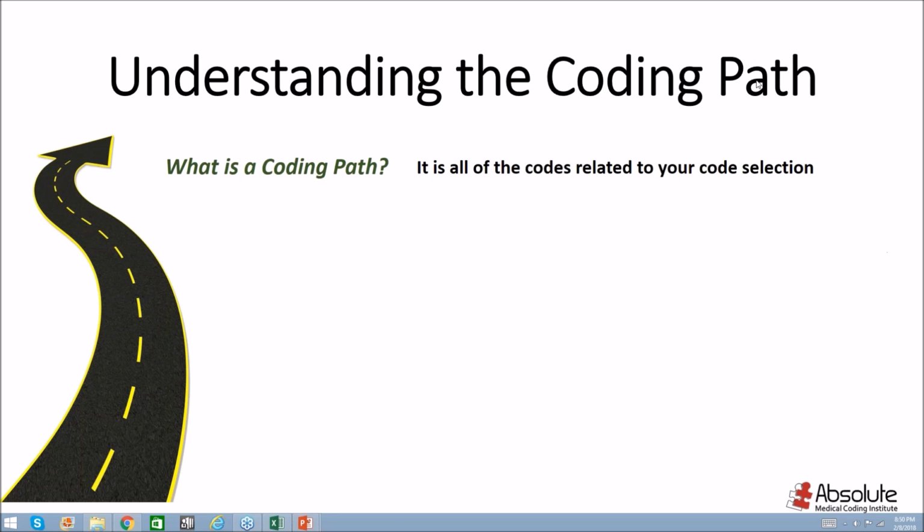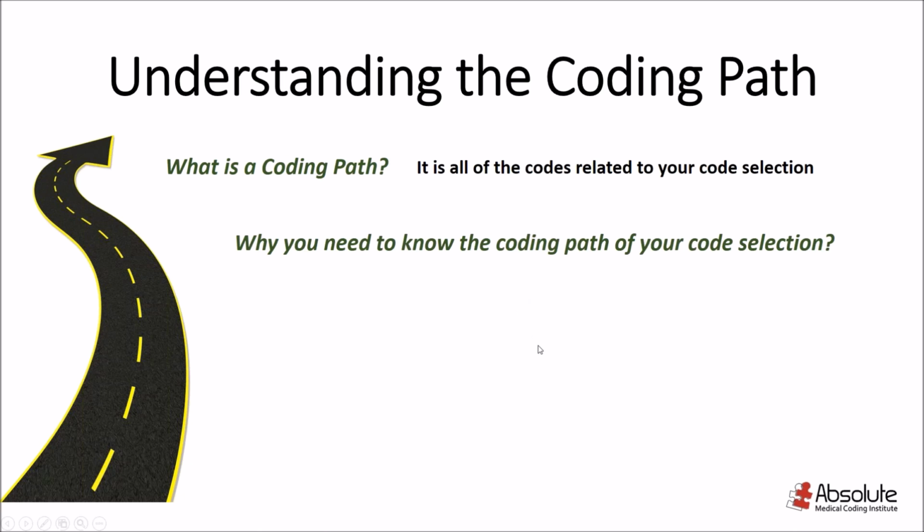All right. Well, a coding path is all of the codes related to your code selection. Why do we need to know the coding path of the code selection?